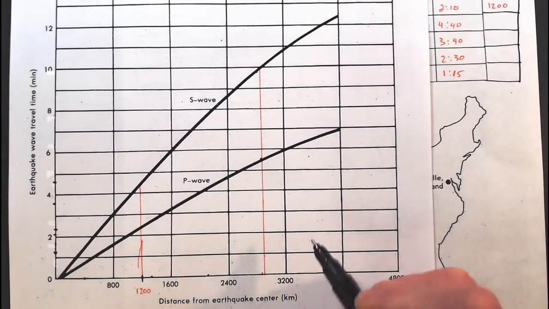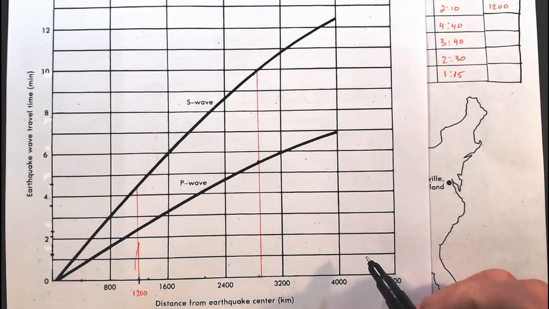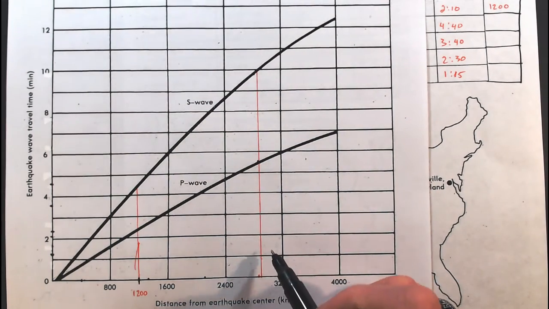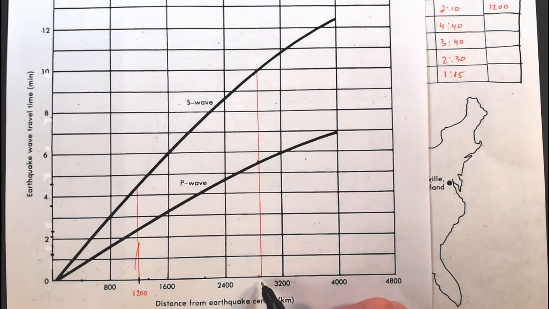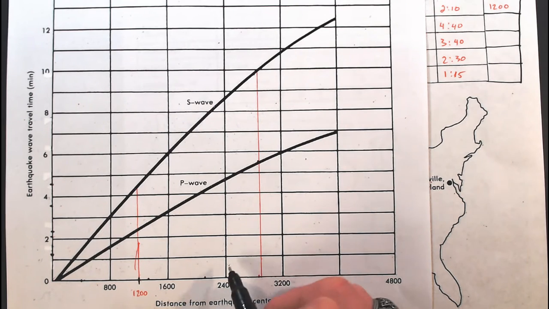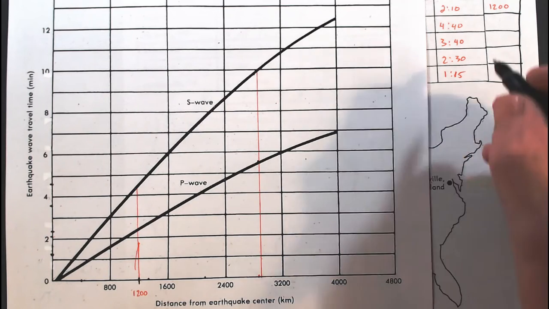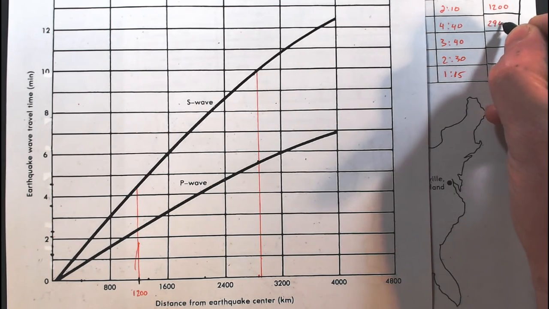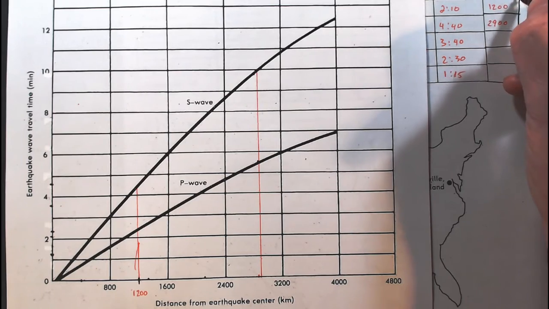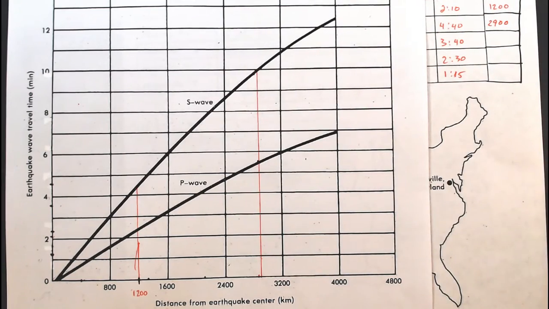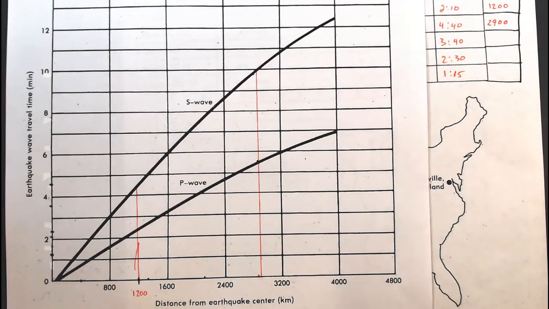About halfway, so we're maybe about 29. These are in increments of 4, so that would be 28, 29, yeah, 29, so maybe like 2,900 kilometers, so in kilometers.